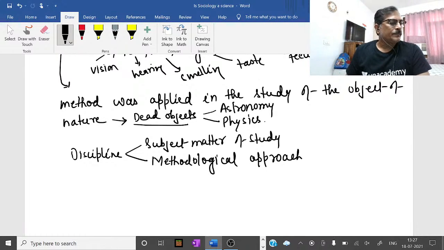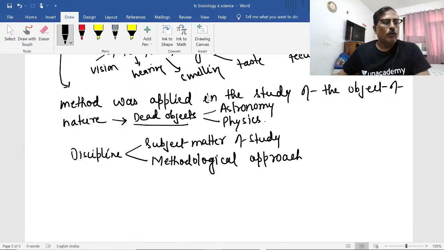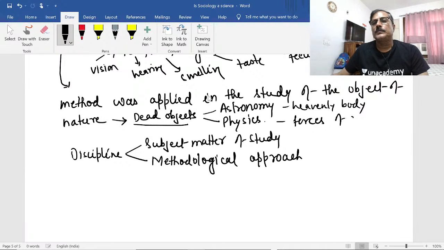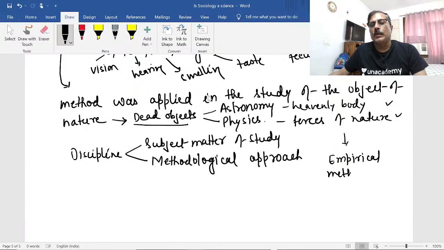And basically, you will see all early scientists talked about the heavenly bodies and the forces of nature: mechanical, electrical, magnetic, gravitational, etc. So in these disciplines, while studying these subject matters, this empirical method was applied, and it was applied successfully.